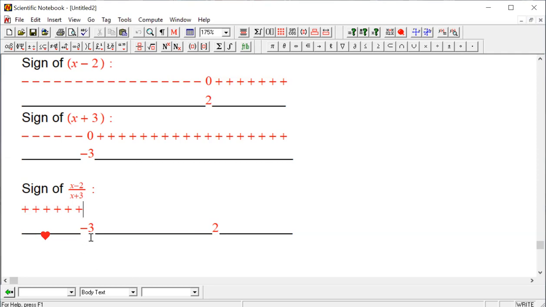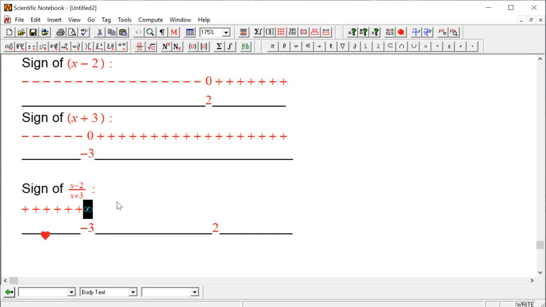But at negative 3, what happens? We have a negative number divided by 0. Dividing by 0 is forbidden. How do we signal to our reader that we understand this? One thing you can do is put an infinity sign.